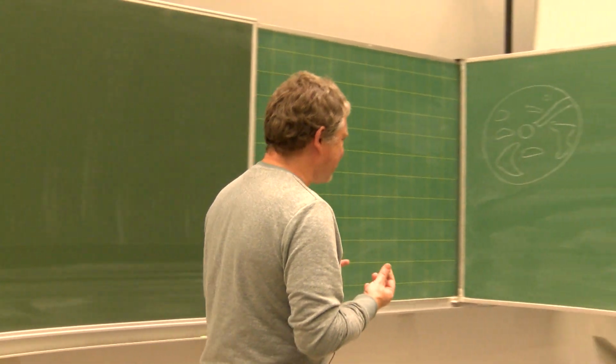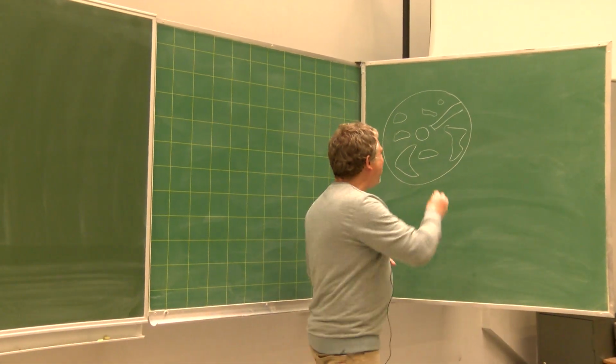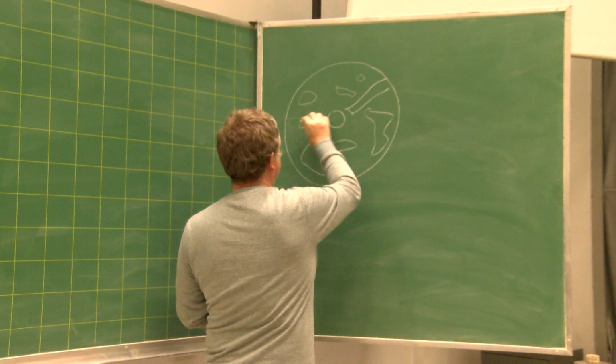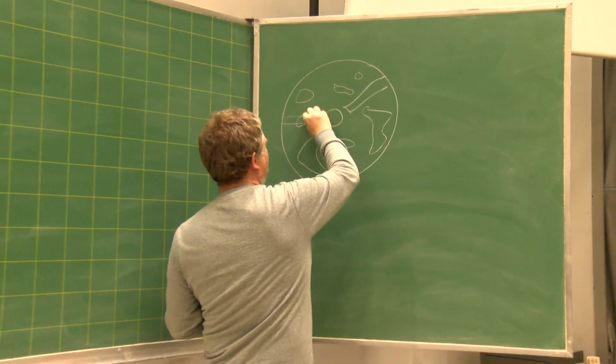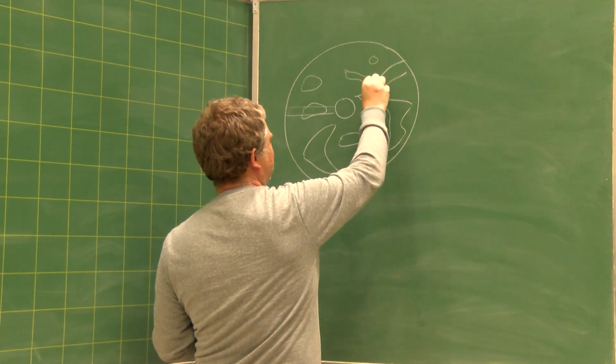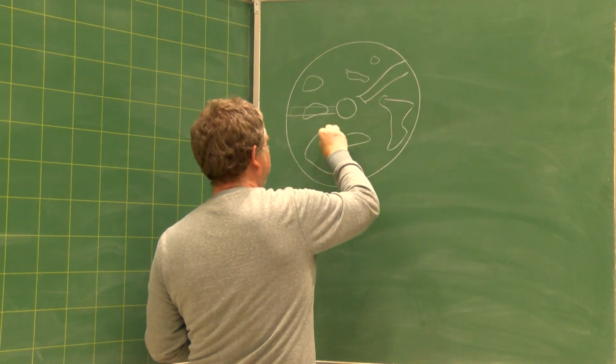And that makes that when the blade is turning, the blade is seeing this flow, and then this flow, and then this flow.